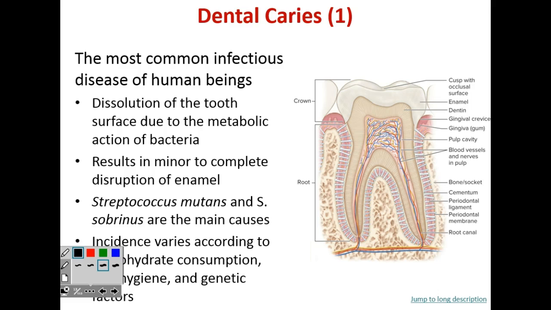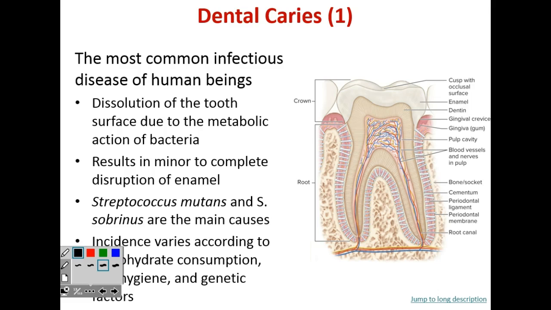Gum disease. All right, so keep in mind, what are those two main causes of dental caries? Streptococcus mutans and Streptococcus sobrinus.